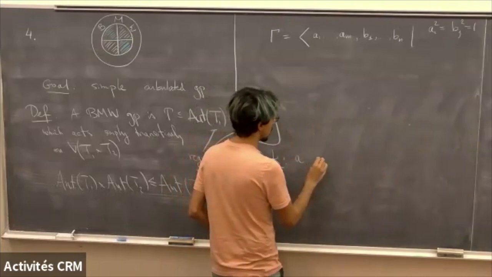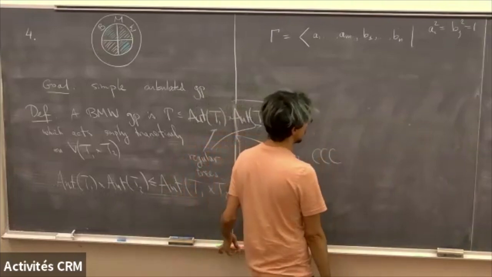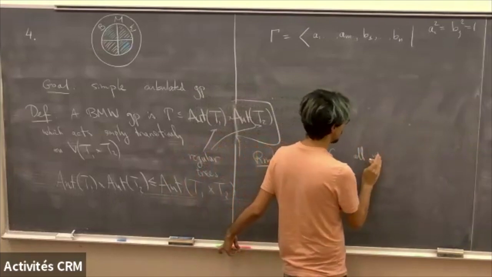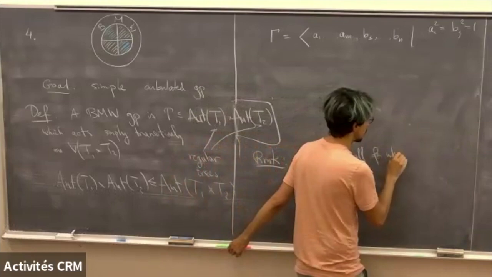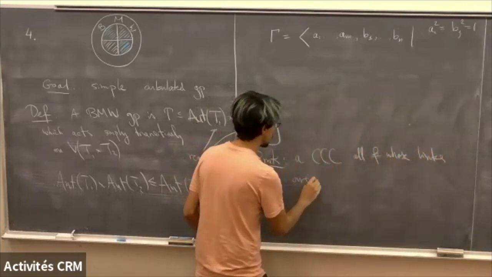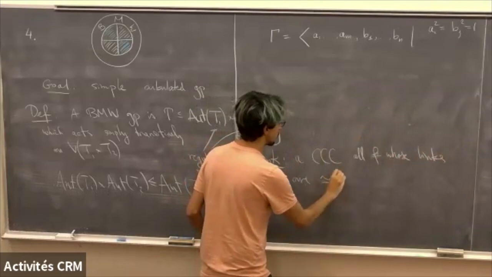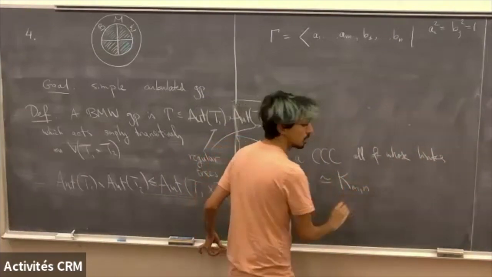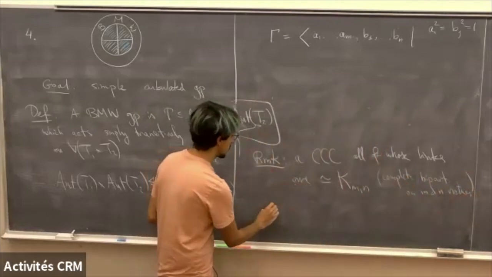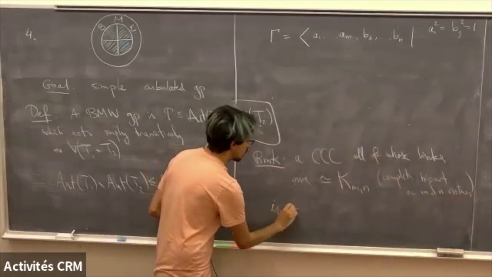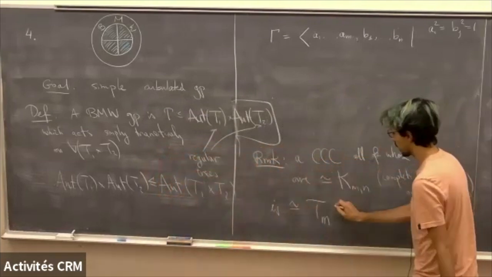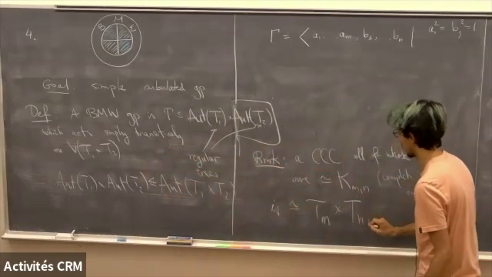A CAT(0) cube complex, all of whose links are isomorphic to the complete bipartite graph, is isomorphic to the product of the m-regular tree times the n-regular tree.